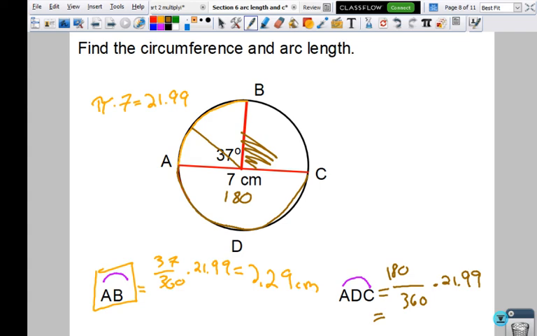So it's 11.0. The 5 rounds the 9 up to 10, and that 10 rounds this up to 11. So my final answer is 11 centimeters.